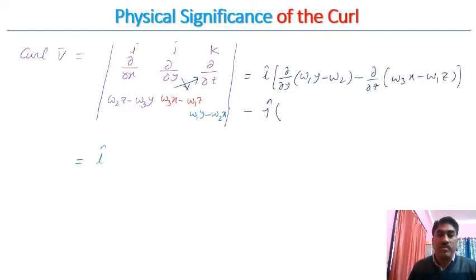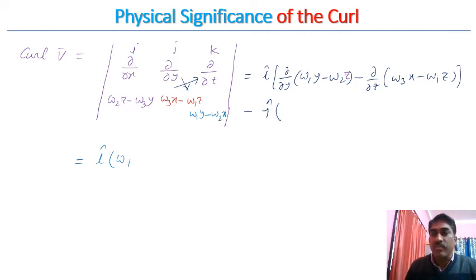So that will become i, and y will not differentiate omega 2 x, so this comes out to be simply omega 1. And then z will differentiate only omega 1 z.